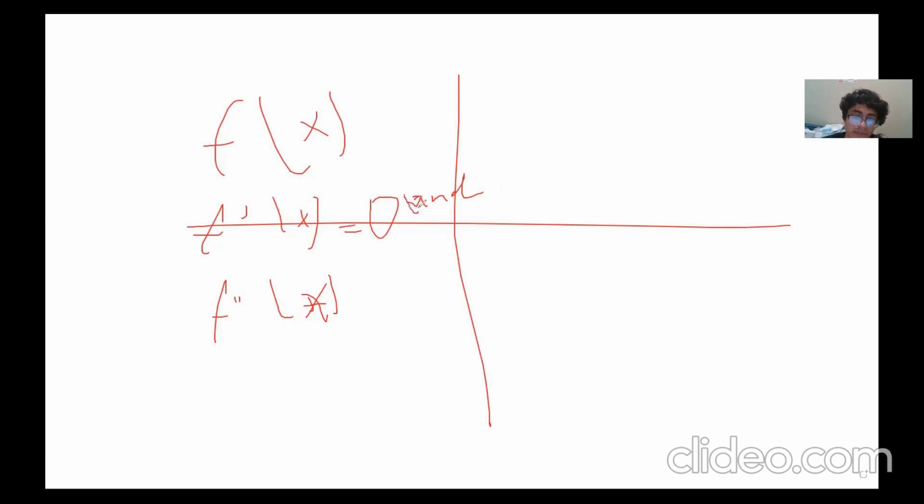If it's 0 or undefined, you know that something here has a possibility of having maxima and minima. So if this is the f prime of x graph, you know that here there is a maxima or minima, and here there is a maxima or minima.